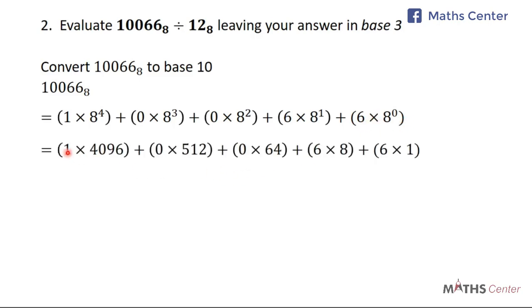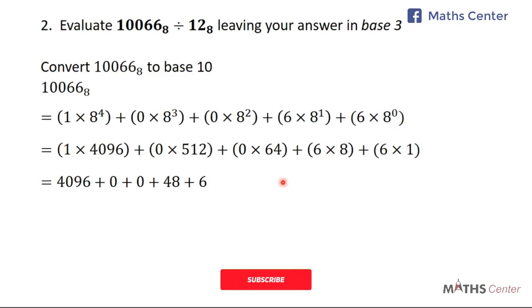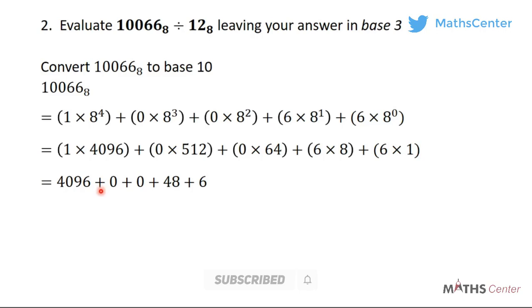This is going to give us 1 times 4096 plus 0 times 512 plus 0 times 64 plus 6 times 8 plus 6 times 1. You do all this calculation, you're going to have 4096 plus 0 plus 0 plus 48 plus 6, and that is going to give us 4150.